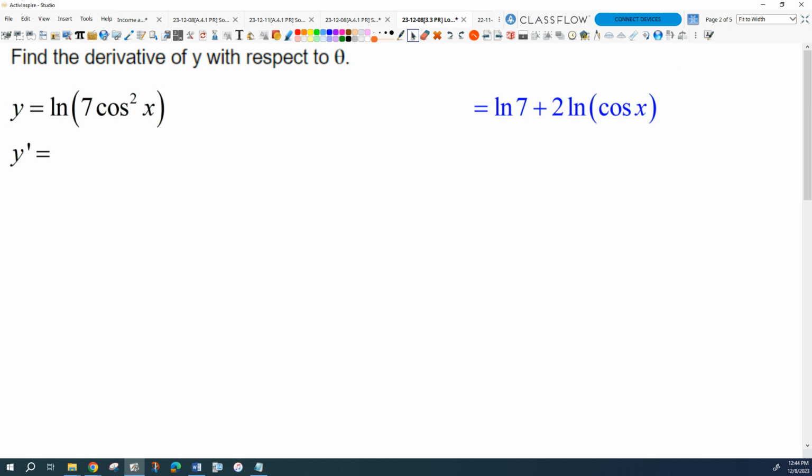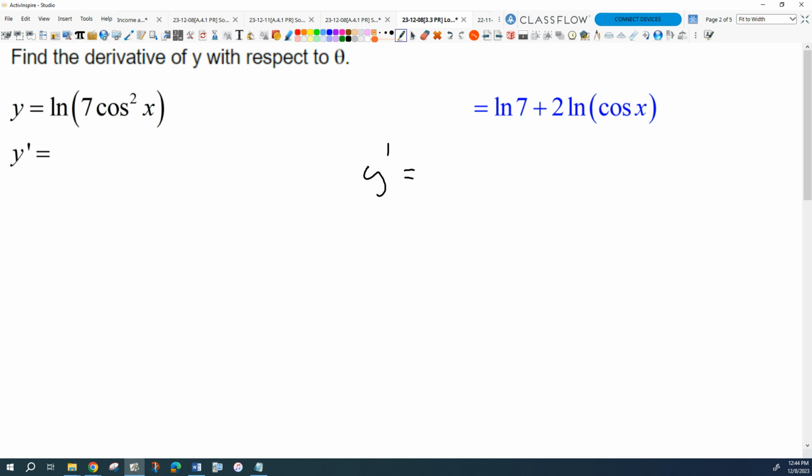So what's the derivative of log 7? 7? No. 0. How come? Because isn't log 7 just a number? Right, so the derivative of a constant is 0. So we get 0 plus 2 times the log.